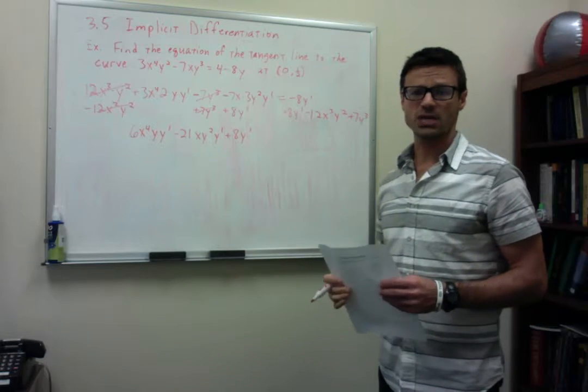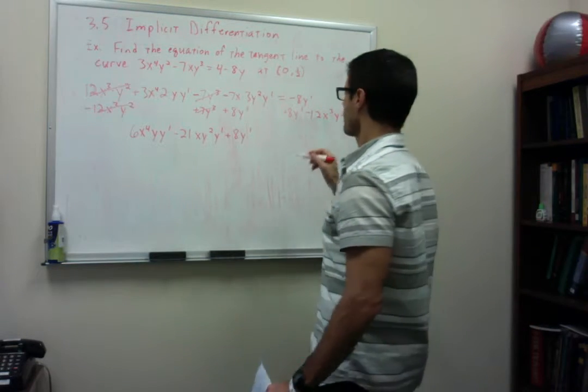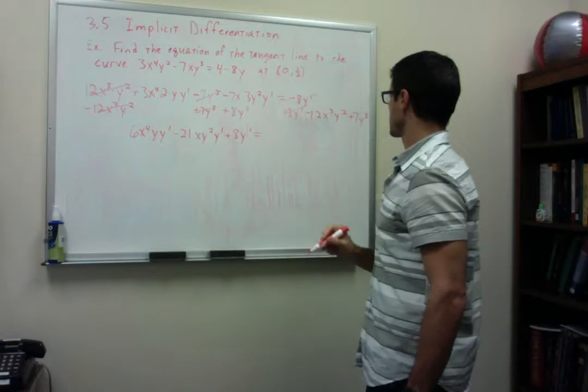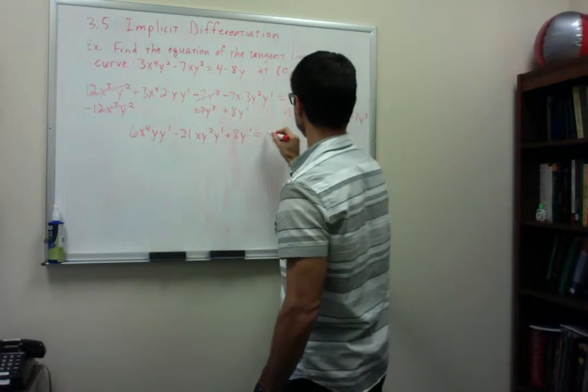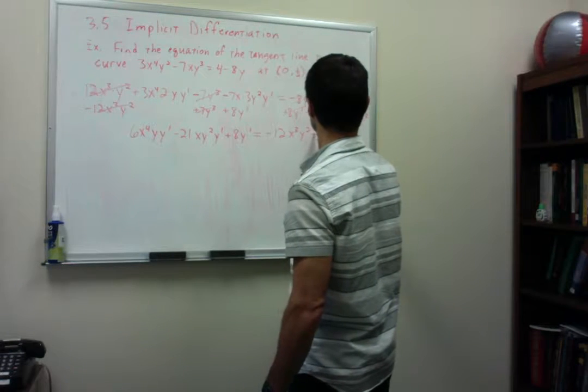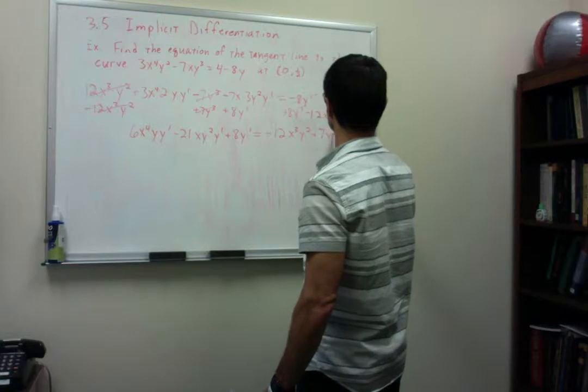That's what's on the left. And this equals, those things cancel, minus 12x cubed y squared plus 7y cubed.